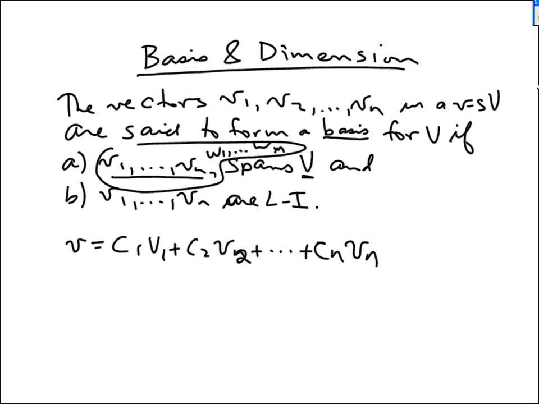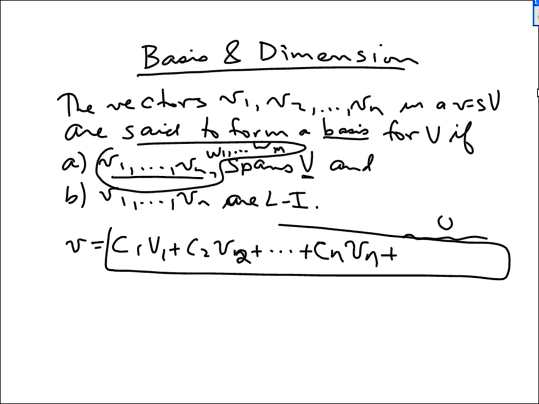So now, if what I add on is the zero vector, then this whole mess will still equal v, and v is any vector in the vector space V. So I'm going to add on 0 times w1 plus 0 times w2 all the way down to plus 0 times wm.